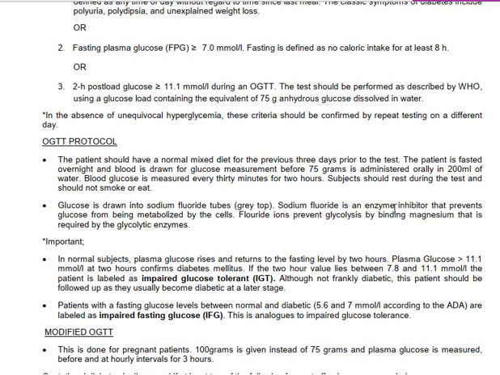Sodium fluoride is an enzyme inhibitor that prevents the glucose from being metabolized by cells. So it inhibits the red blood cells and white blood cells present in blood from metabolizing the glucose. The fluoride ion prevents glycolysis by binding magnesium that is required for glycolytic events.